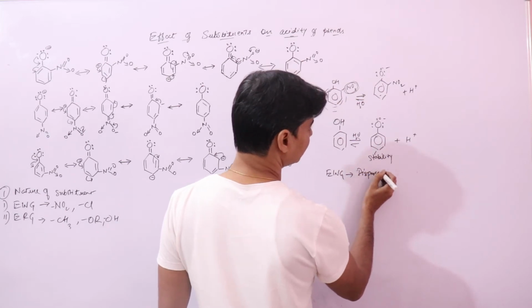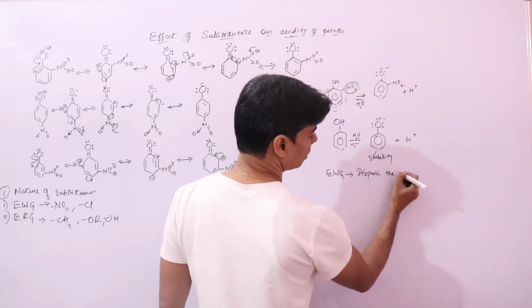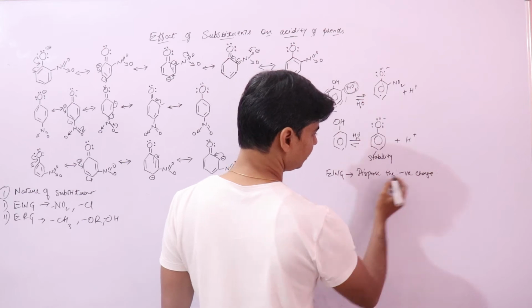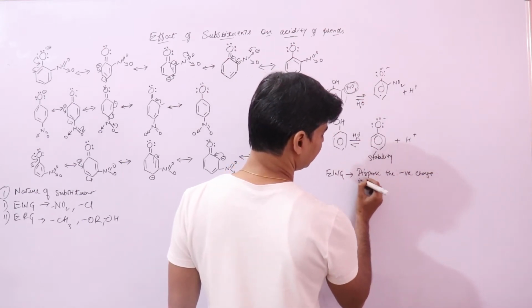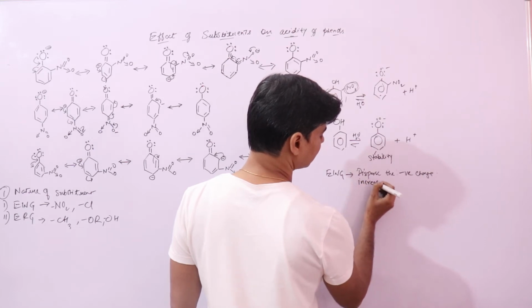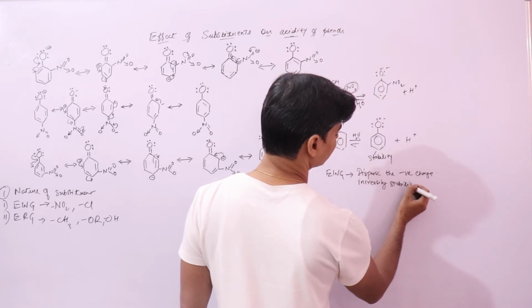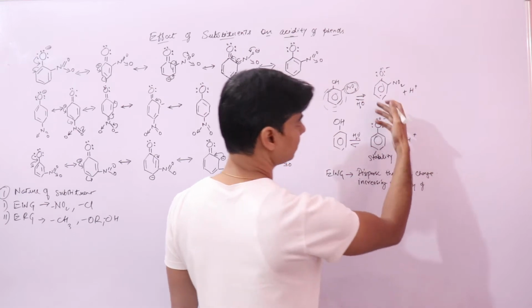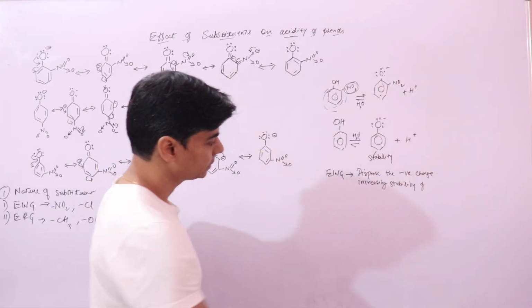Disperse means it will lessen the negative charge, and thereby increase the stability of this ortho nitrophenoxide ion or nitrophenate ion.